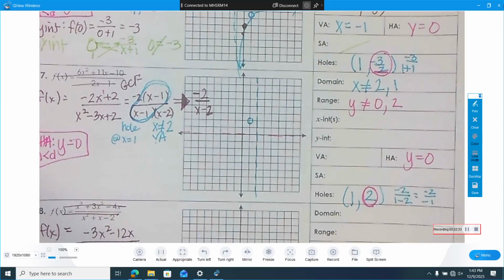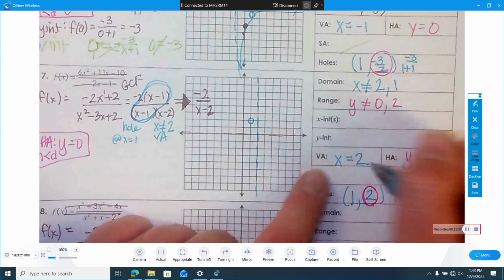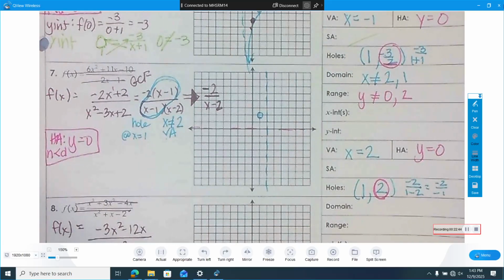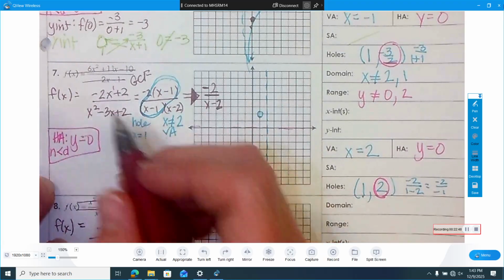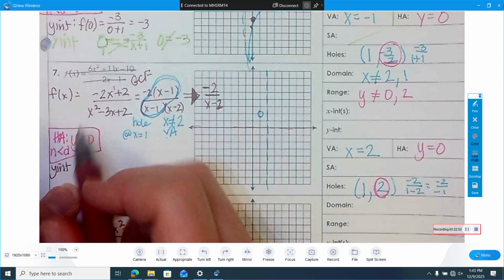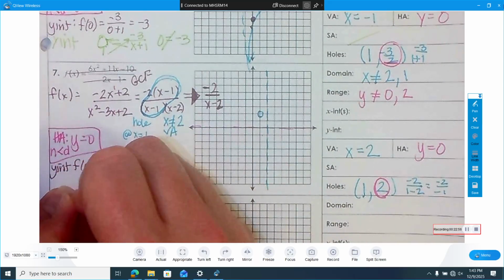Oh, I didn't write down my vertical asymptote. My vertical asymptote was x equals 2. I wrote it right there. You do the y. Y-intercept? Okay, y-intercept I did in maroon. Okay. So my y-intercept, let's see. Y-intercept we get by plugging in a 0. All right, so f of 0.